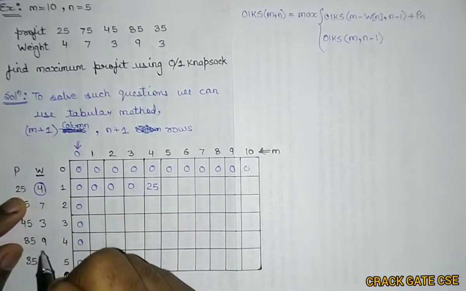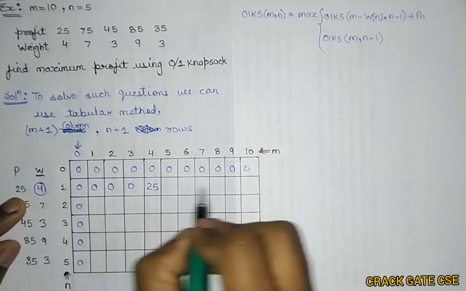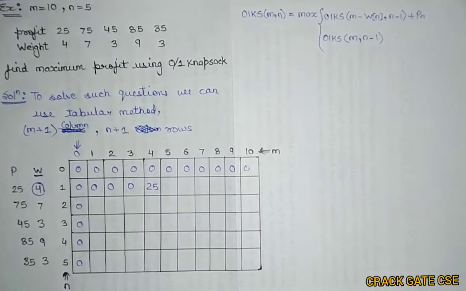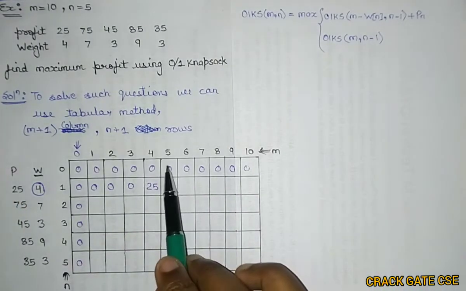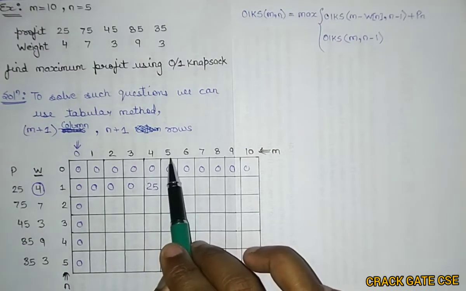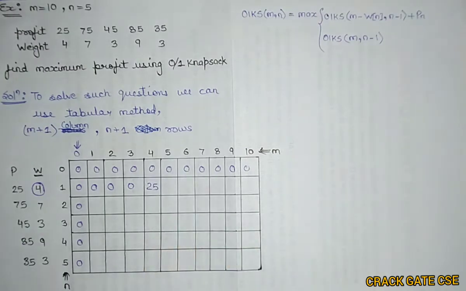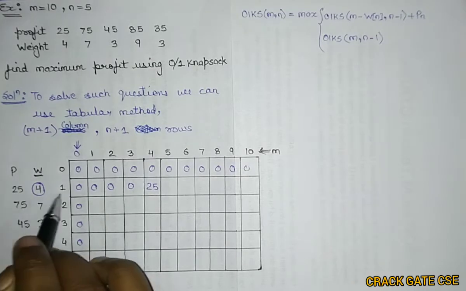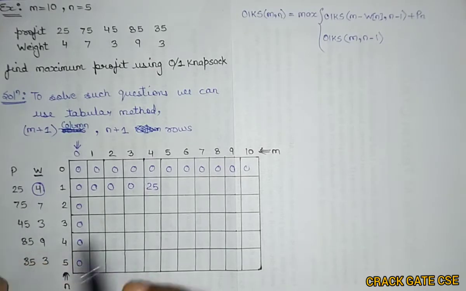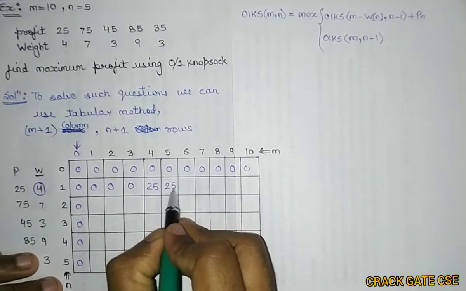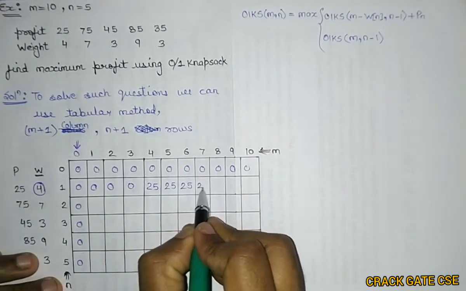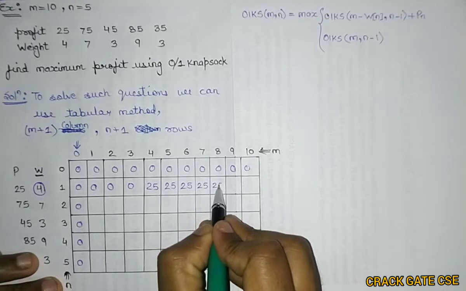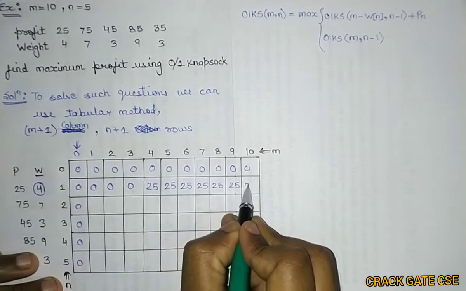After this 25 all values will be 25 only, because if the capacity is more than 4, like 5, 6, 7 and so on, I am still keeping only one object, that is object number 1 with weight 4. So I write the same 25 for the respective row.